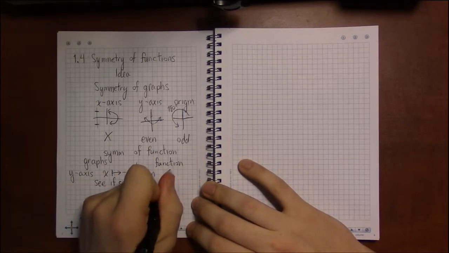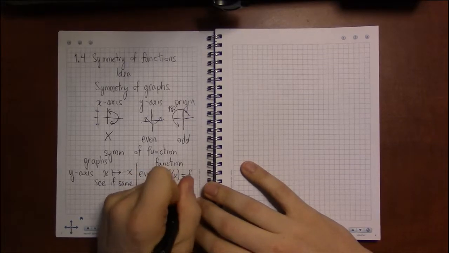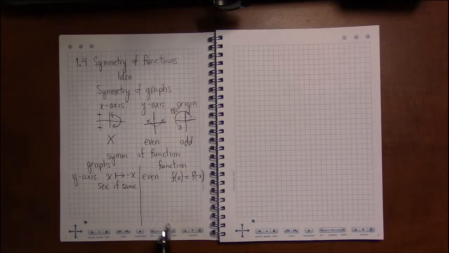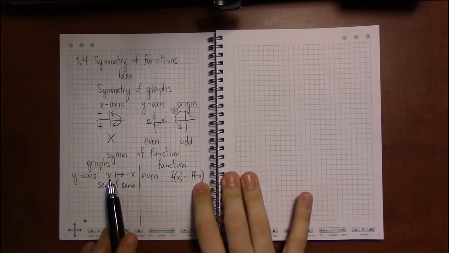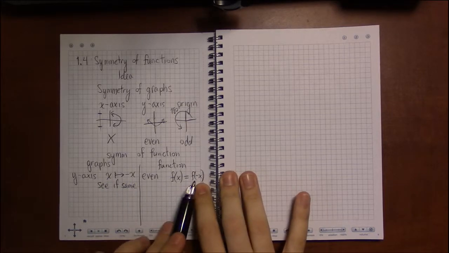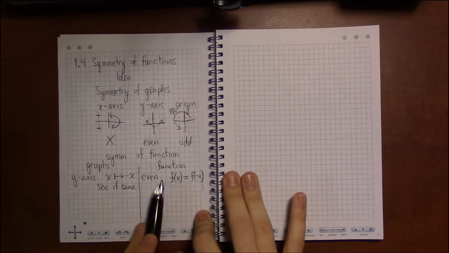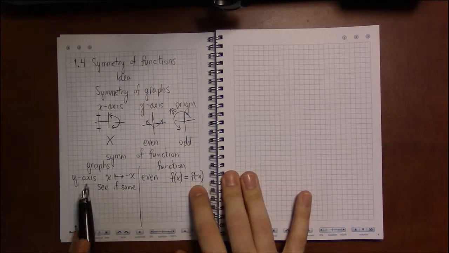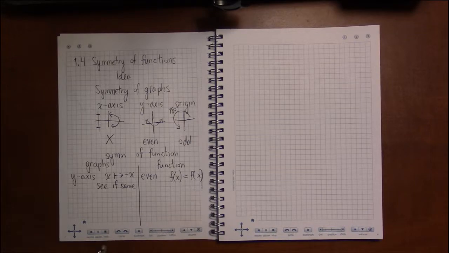This is the same thing as saying, does f of x equal f of minus x? So again, instead of x, we write minus x, and is f of minus x the same thing as the original? We're essentially doing the same exact thing, only we're using the function notation here.